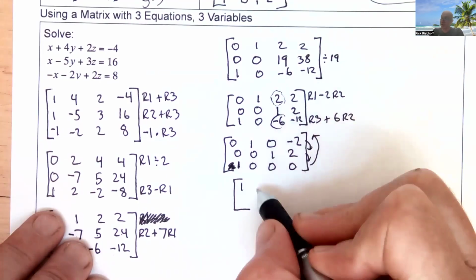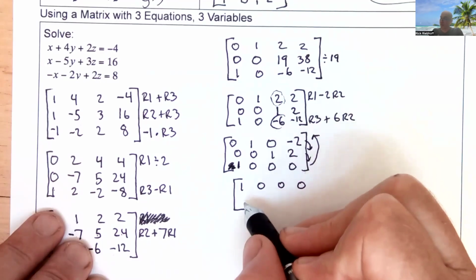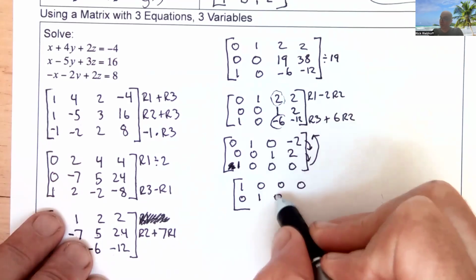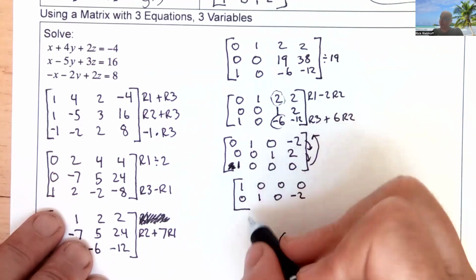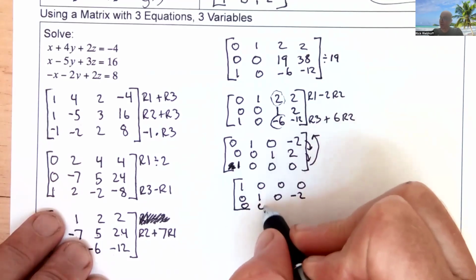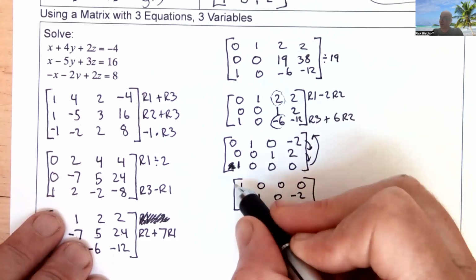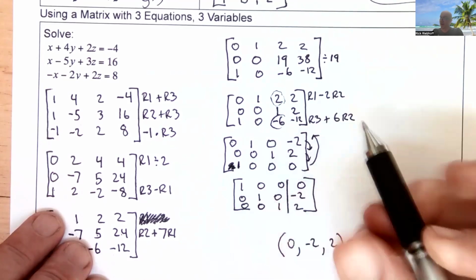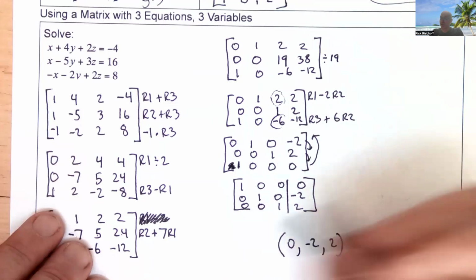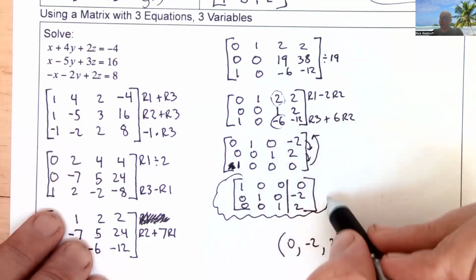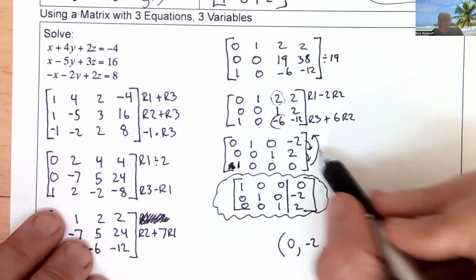So you'd have 1, 0, 0, 0. You'd have 0, 1, 0, -2. And then you'd have 0, 0, 1, 2. And we've got that nice, if I did the augmented style, we've got that diagonal of ones and everything else is a 0. So a lot of teachers would want you to do this. I don't care. Once you get here, you know what the answers are. So go ahead and write it down.